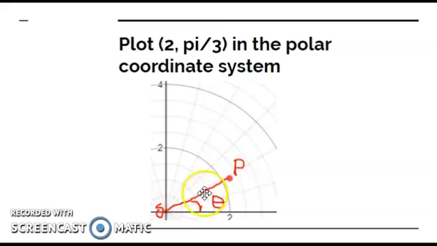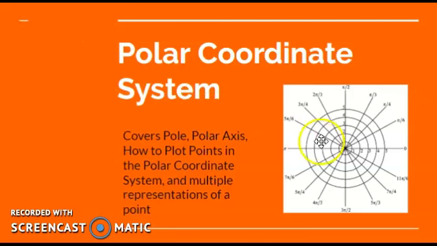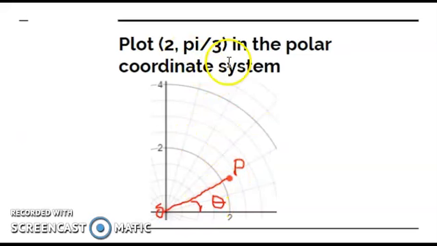So this distance, r, is equal to 2 because, since the polar coordinate system is made up of concentric circles, a segment OP along here would be 2 circles away from the pole, and that's the length of r. And theta, which is pi/3, is the angle in radians measured counterclockwise from the polar axis. So this is how, and then the plotted point is right here at point P.